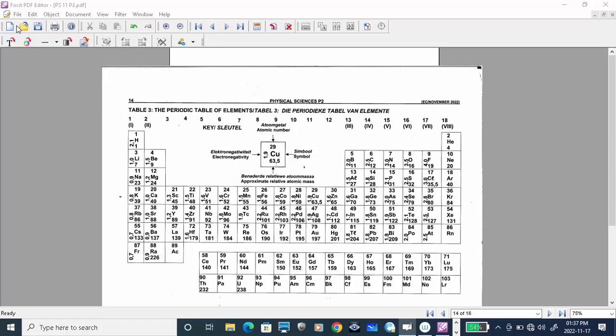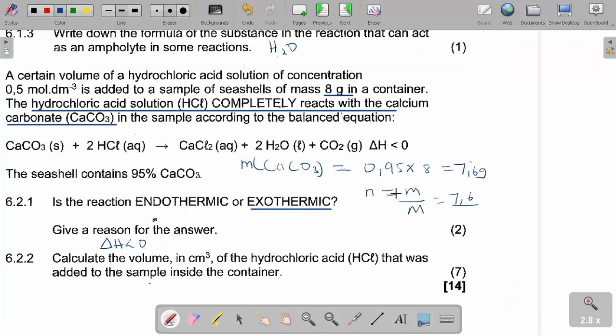Back to my table, I divide by 100. What do you get? 0.076 moles.